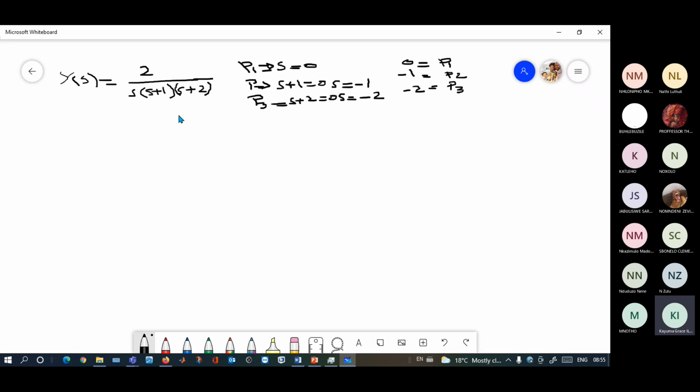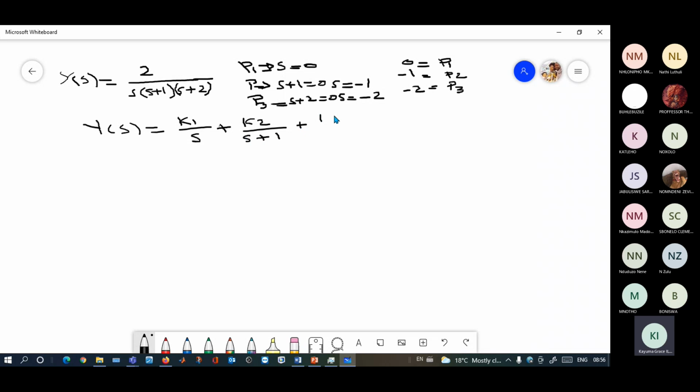Then what we need now is to write our partial fraction, which is going to be Y(s) equal to, we can have, because we have that form already, K1 over s plus K2 over s plus 1 plus K3 over s plus 2.